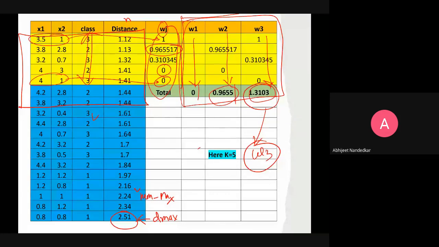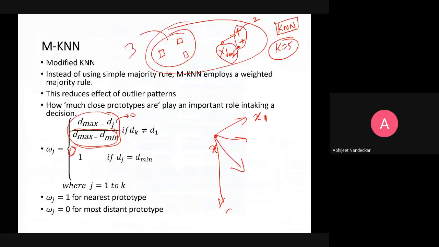You can see this previous example here. Since these two samples are very close to X test, their weightage, say W1 plus W2, will be more than the weightage for these, say W3, W5, and W6 samples. Okay. So these weights, if you add together, will be obviously less than this because they are close, and then we can take a better decision.